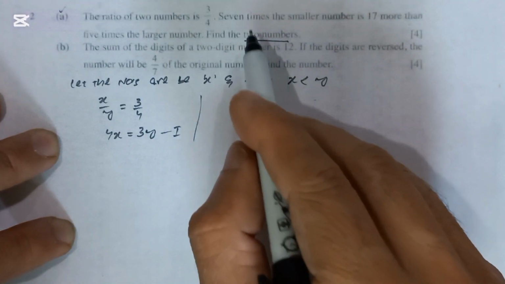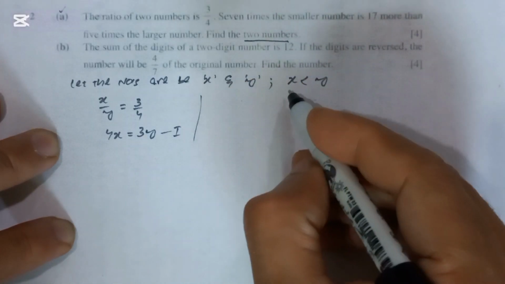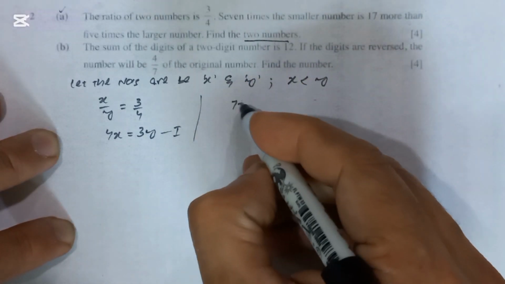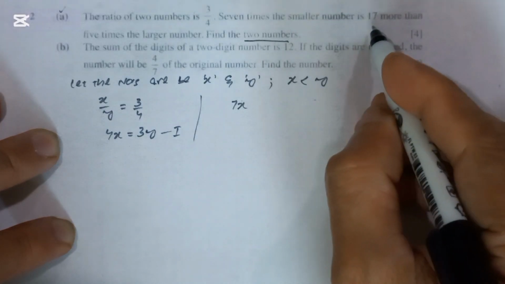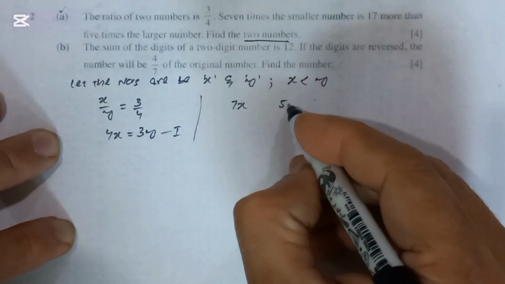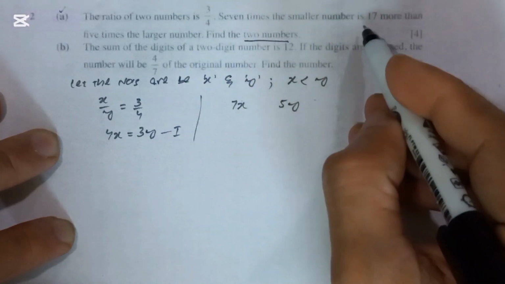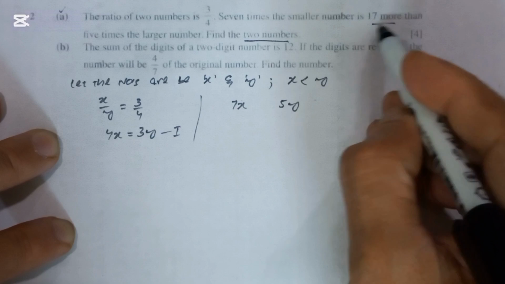Okay, read further this statement. 7 times the smaller number. So this is the smaller, so 7 times the smaller number is 17 more than 5 times the larger number. So 5 times the larger number is this. So 7 times the smaller number is 17 more than.